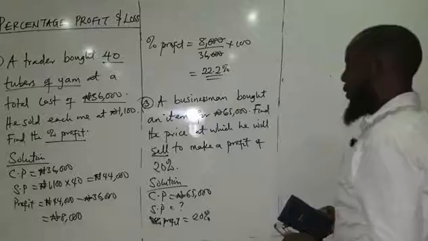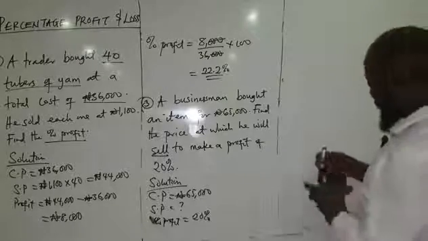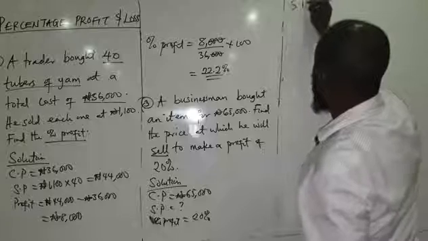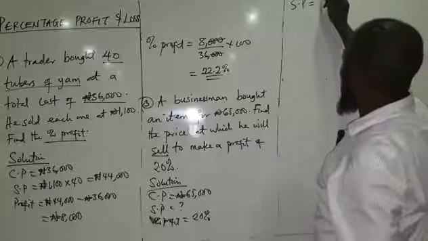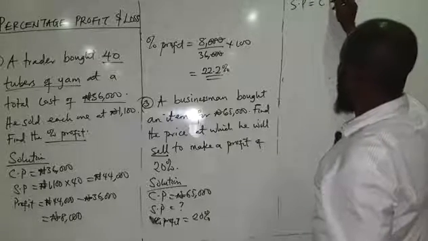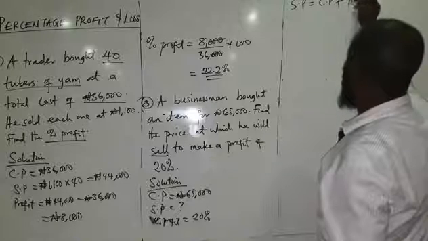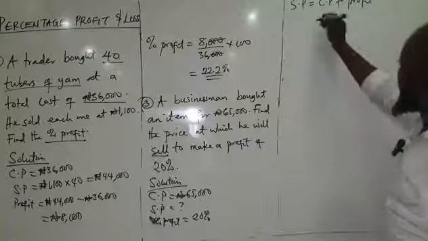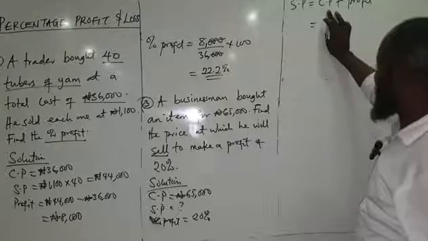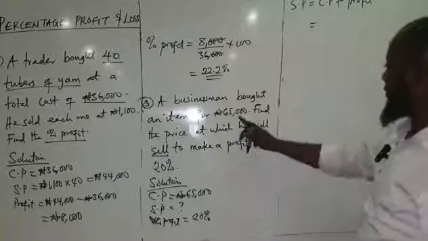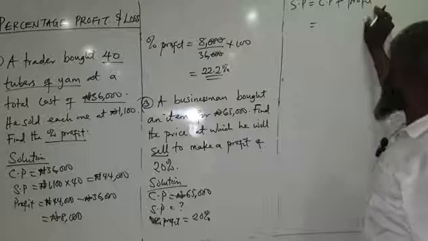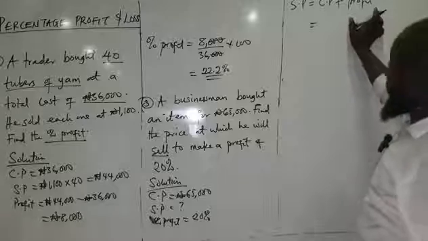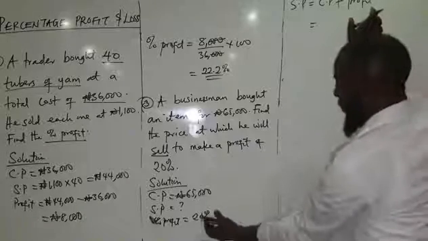Now, we need to understand one thing. Selling price is the cost price plus the profit. Now we have been given the cost price, which is this. The profit here, we are given the profit percentage, which is 20%.